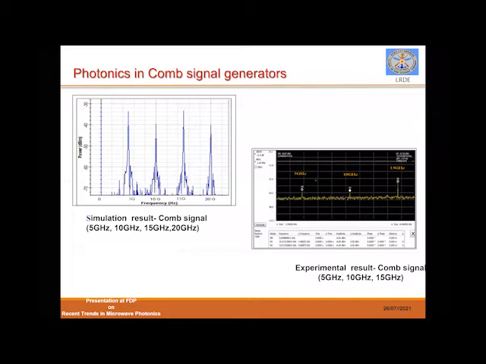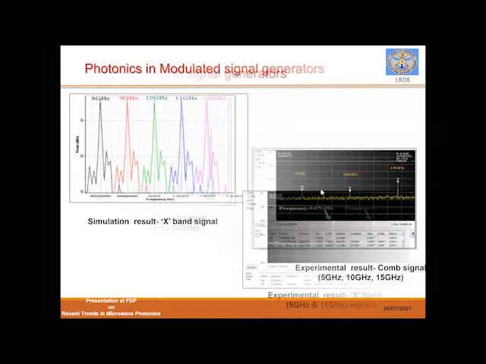Then some of you may have doubts in mind that with this optical heterodyning, we always talk about a shift in the MZM bias and all those things. Anyway, there are a lot of solutions for that. I will explain to you how to get rid of that also. And this is the corresponding experimental output for 5, 10 and 15 gigahertz signal generation.